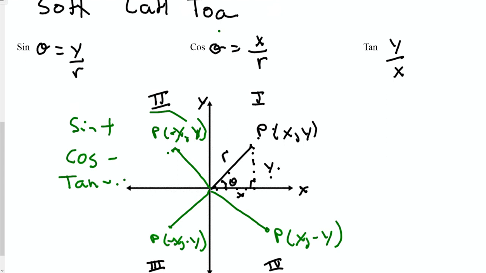Okay, all because my x value is negative in that quadrant. Now, when I'm dealing with quadrant 3, everything that deals with x and y independently will be negative. So sine is negative.